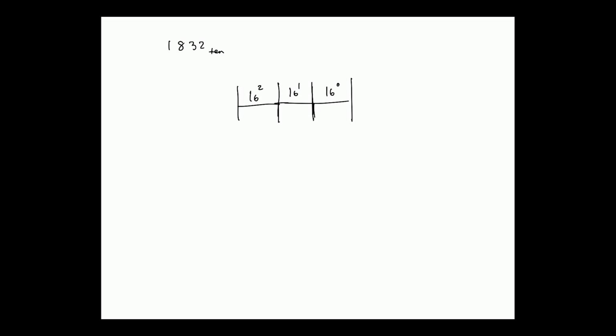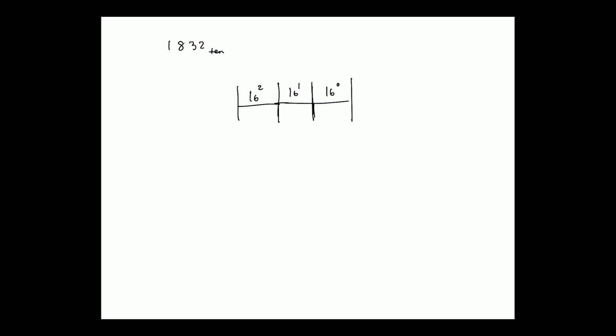Okay, so what I need to know is how many 256s fit into 1832. Well, some number of them. If we didn't just know the answer or weren't arithmetic geniuses, what would we do? Do the division. So how many times does 256 go into 1832? 7 and some change.